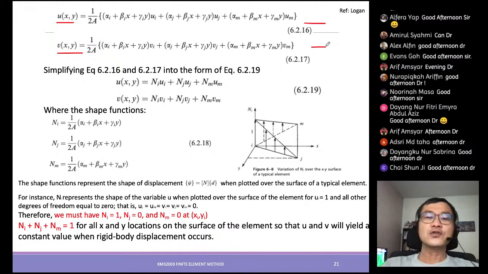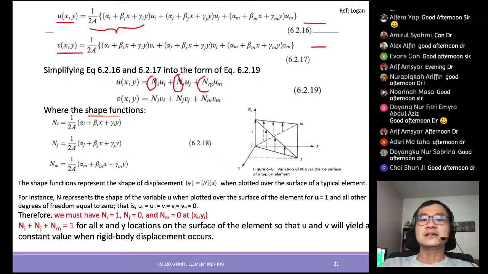From the displacement functions, if you want to express them in the form of shape functions, then you just identify the common terms, and then you can form the shape functions that represent the contributions to the displacement on the surface by the I, J, and M nodes.